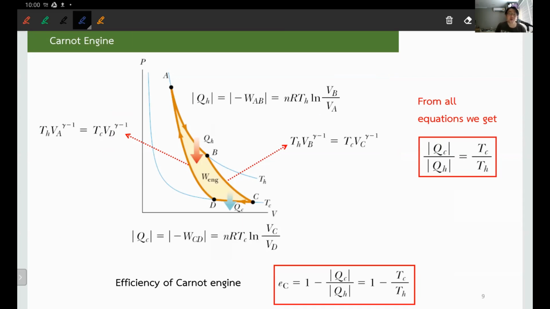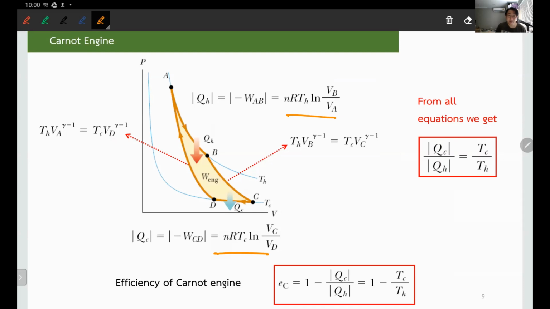We are not trying to prove anything here, but the point is, you know how to do the detailed calculations of all parts in this Carnot cycle. You know what is going on during the isothermal process. The work done equals the heat flow, nRT log V final over V initial.